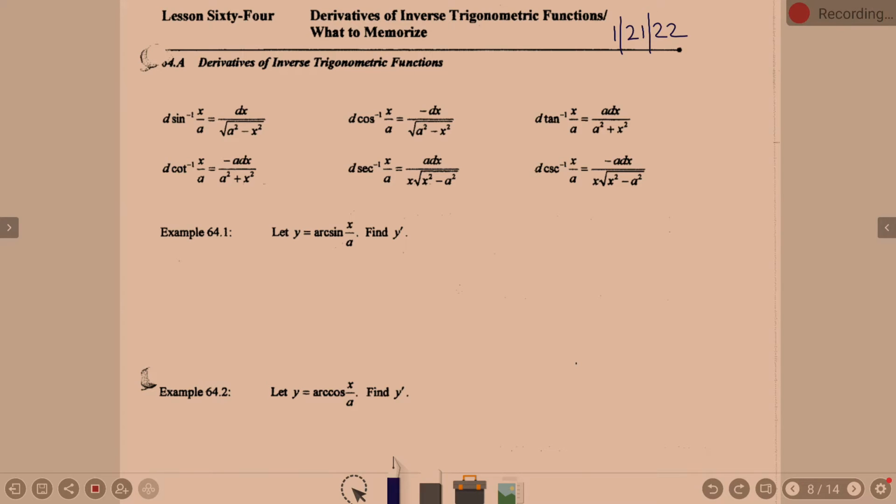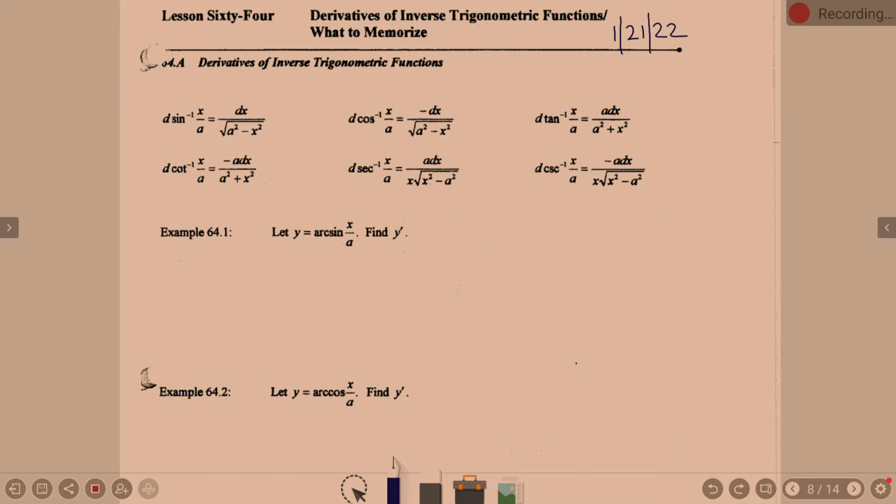Now, when I introduce these, we're going to go through how you can develop them, how you can find them, because that is a good skill to have. On the flip side, sine and tangent are the two that come up the most that you really need to know.